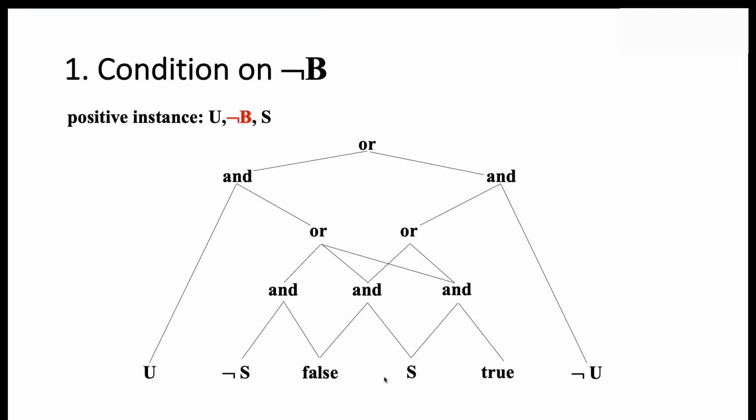And it could be satisfied in different ways, but I'm only interested in those instantiations of U and S that have a minimum cardinality, meaning they minimize the positive literals.